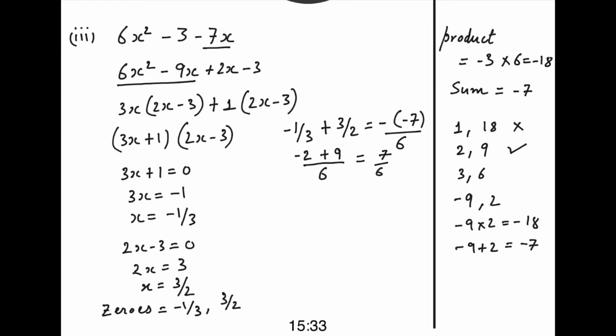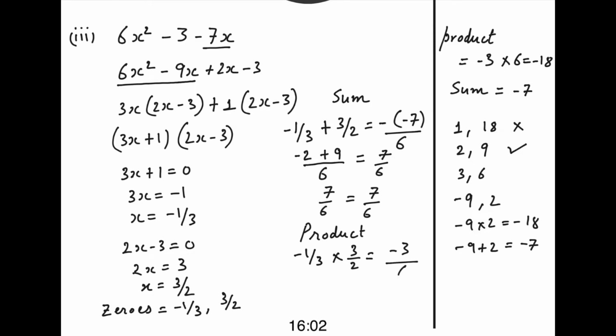So now we'll solve this. 9 minus 2 would be 7 by 6, and here also we have 7 by 6. So we have proven that the sums are equal. Similarly for the product, when we multiply minus 1 divided by 3 into 3 divided by 2, this should be equal to the constant term, which is minus 3, divided by the coefficient of x square, which is 6.